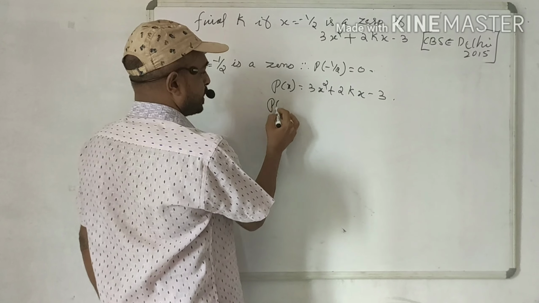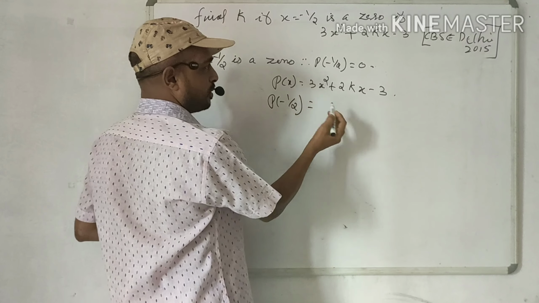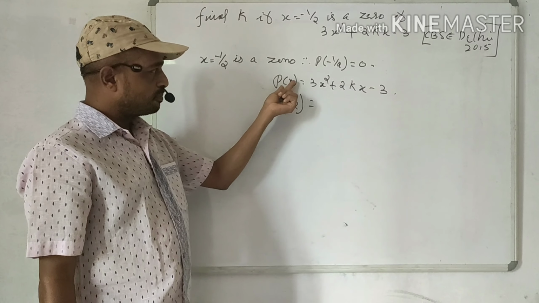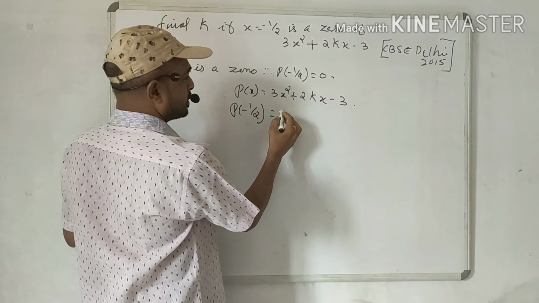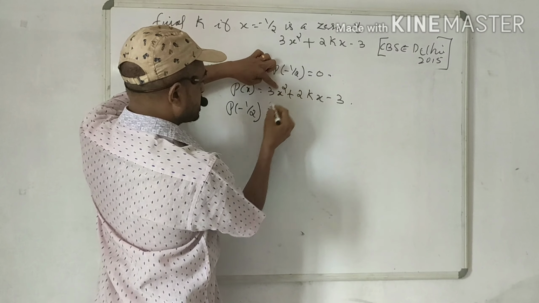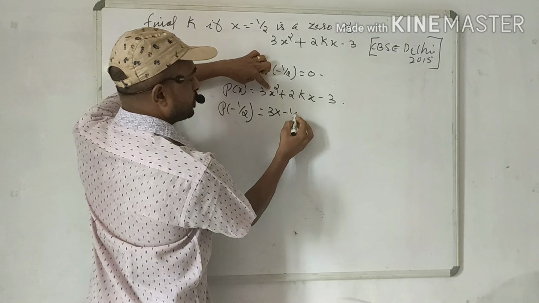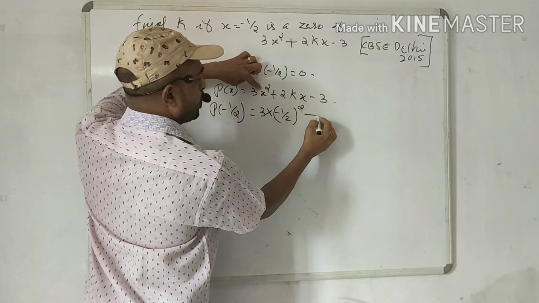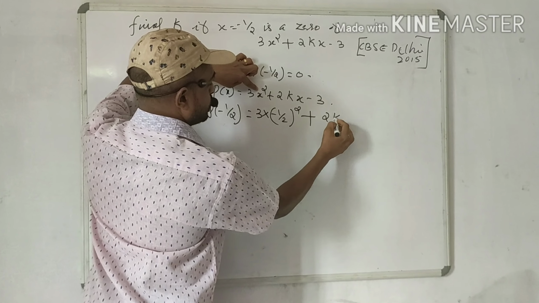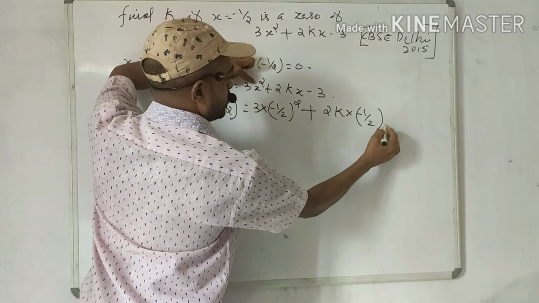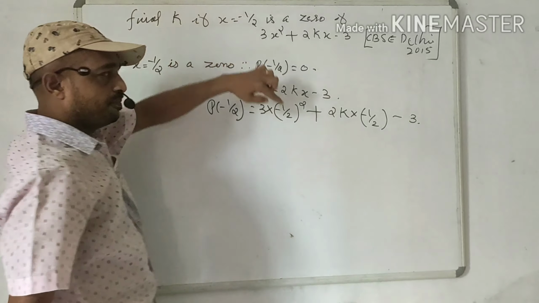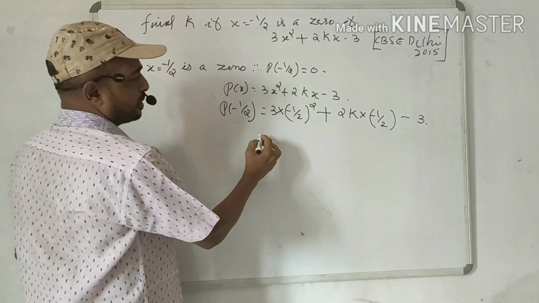How will you obtain p of minus 1 by 2? Simply substitute x equal to minus 1 by 2. So you will get 3 into x square, and for x we have minus 1 by 2. So this is 3 into minus 1 by 2 whole square plus 2k into minus 1 by 2 minus 3. Now let us simplify.